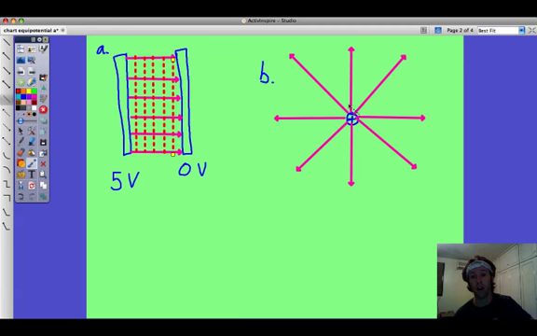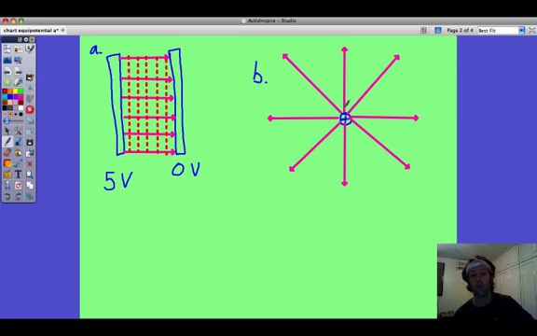Now if you do that around a point charge like this, then it's going to be circular. Everything on this circle will be the same voltage. And as we go out here, everything along here will be the same voltage.